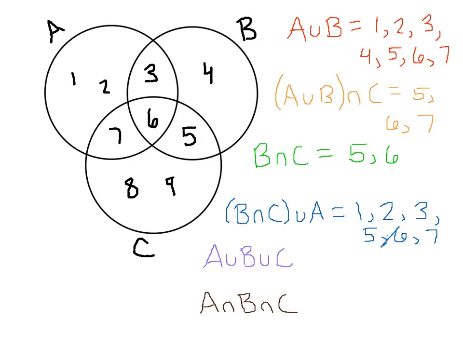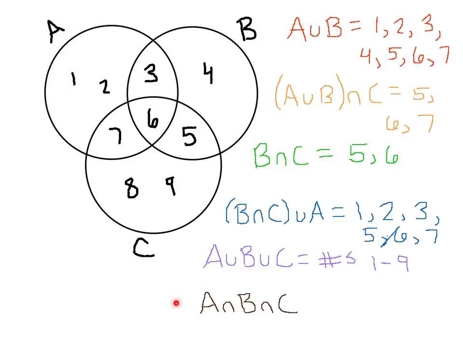So if we're creating a union between sets A, B, and C, it's going to give us everything inside the Venn diagram. And typically you would write down numbers 1 through 9, but I'm going to just write that out as a shortcut. Numbers 1 through 9. You can list them all individually if you want. Does not matter to some teachers. Doesn't matter to me typically, but I'll double check just to make sure.